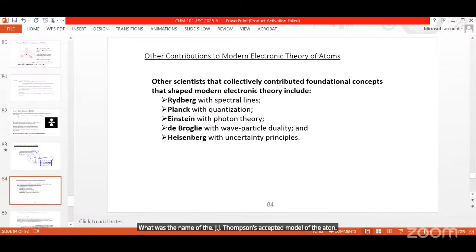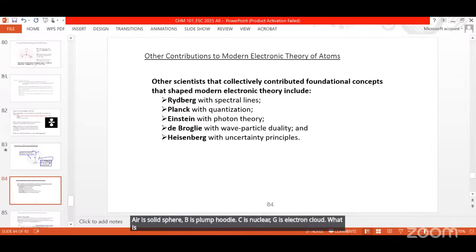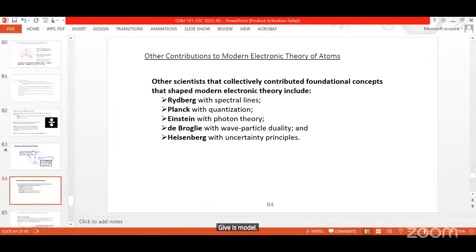A is solid sphere, B is Plum-Pudding, C is nuclear, D is electron cloud. What is the name that J.J. Thomson gave his model? Is it solid sphere, Plum-Pudding, nuclear, or electron cloud? Give me the answer. Let's move on quickly.